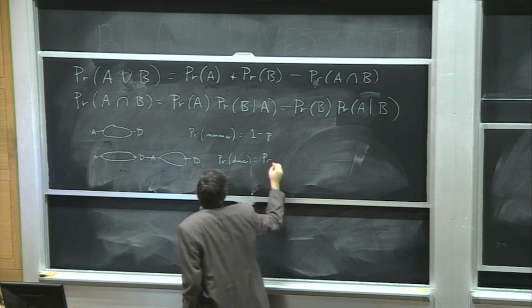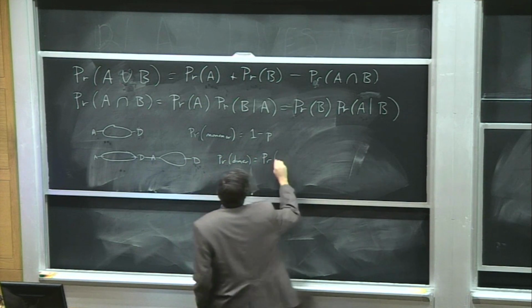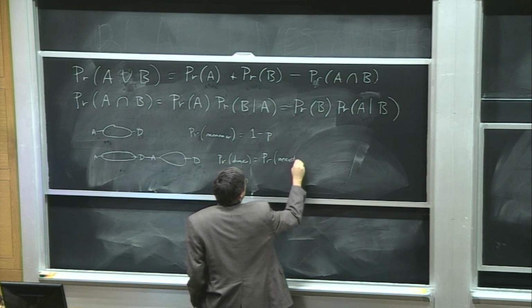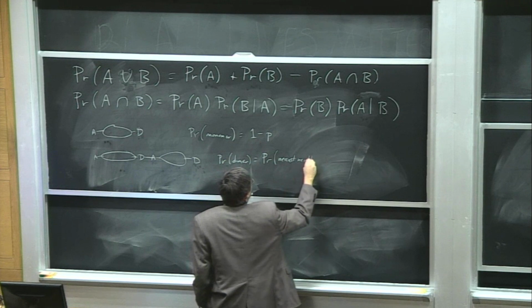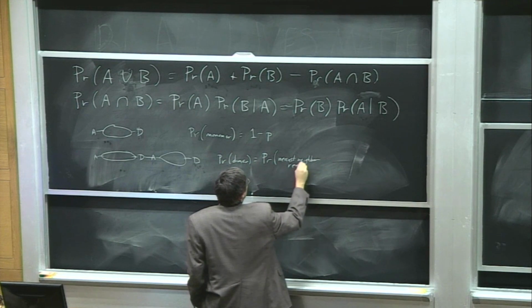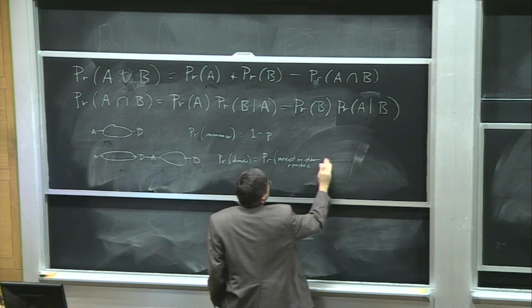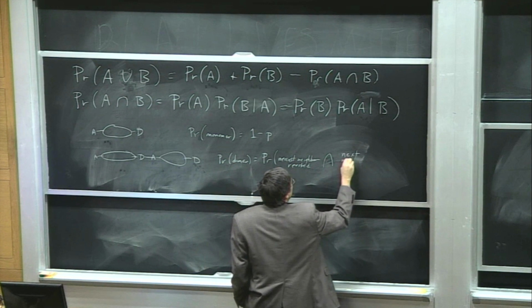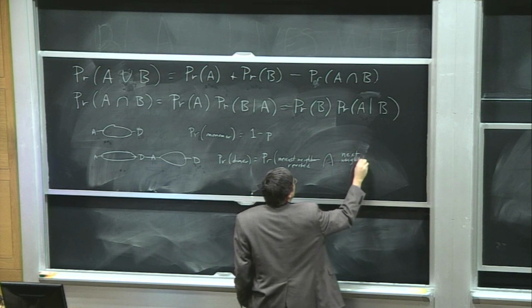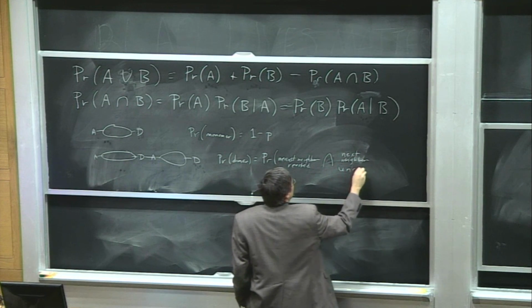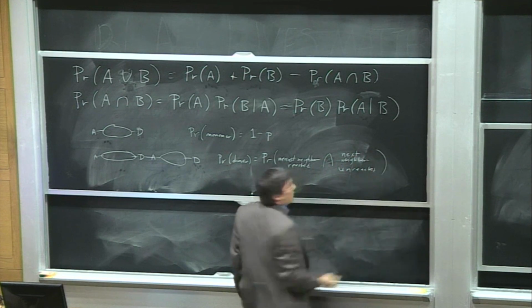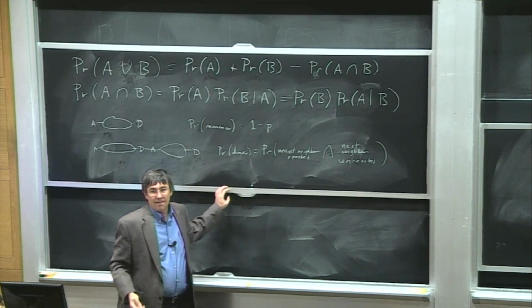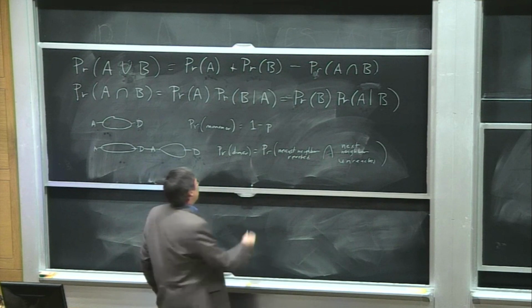The probability of a dimer is the probability that my nearest neighbor reacted and the next neighbor is unreacted. Right? Is that okay? So I can write that this way.